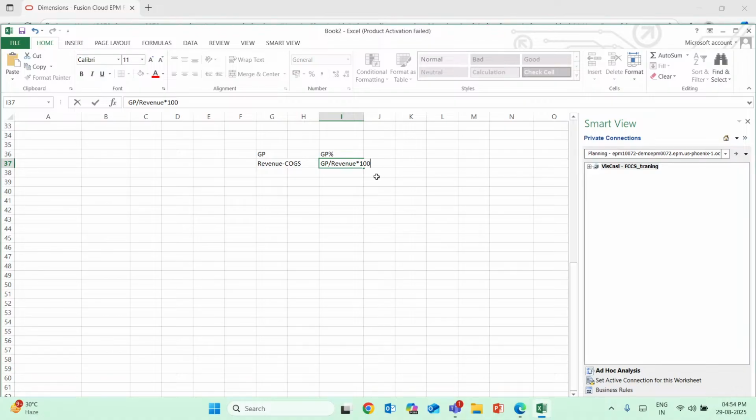So when we do not enable two pass calculation, there is only one pass, the first pass. So it will calculate it. One is the gross profit account and the second one is the gross profit percentage account.